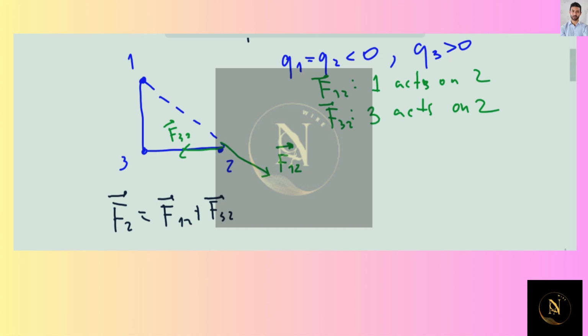Now it's time to introduce the axis. Let's direct y-axis downwards and the x-axis to the left. So now let's sketch the projection of the forces. So F32 will be completely projected on the x-axis and it doesn't have any vertical component, while F12 has both components.